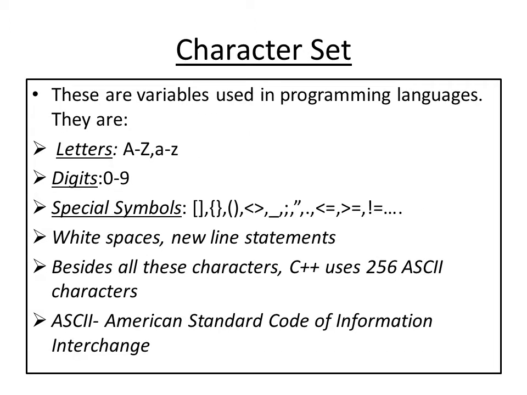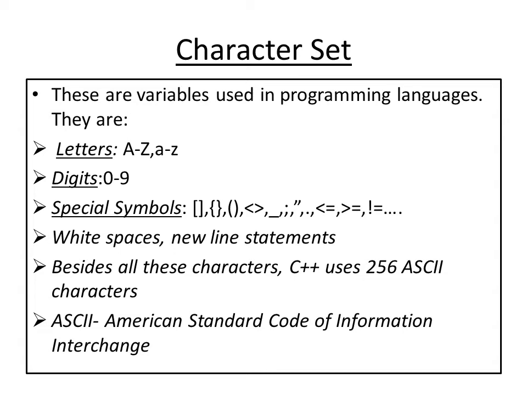Now, in this programming language, just like we speak, we have certain alphabets and digits. Just like that, in this programming language, there are some character sets. These are the characters used in a programming language. They are letters from capital A to Z and small a to z, digits 0 to 9, special symbols like square brackets, curly braces, parenthesis, angular braces, underscore, semicolon, less than or equal to, not equal to, etc. Then white spaces and new line statements.